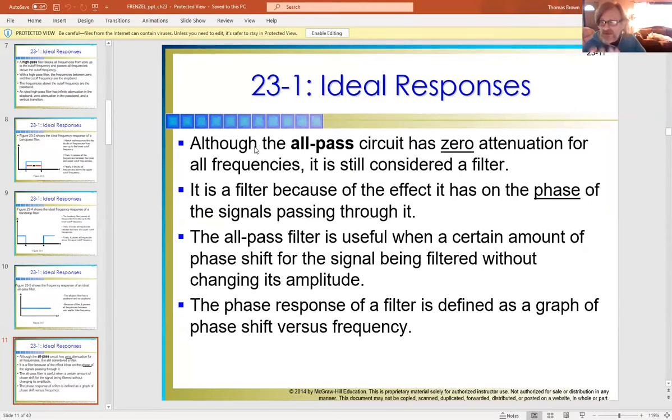So filtering isn't just for communications. It's basically any application where we have a sinusoidal or even other types of nonlinear signals that are susceptible to noise or interference from outside signals, we can very much use filters to alleviate that effect.